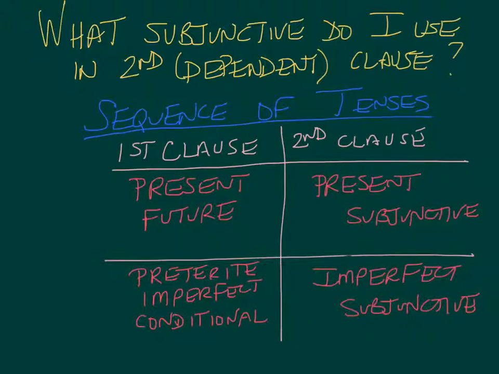If the verb that's in the first clause is either the present tense or the future tense, then you will use the present subjunctive. If in the first clause the verb is in the preterite, the imperfect, or the conditional, then you will use the imperfect or the past subjunctive. Again, if the first clause is in the present or the future, use the present subjunctive, and if it's in the preterite, imperfect, or conditional, then you're going to use the imperfect subjunctive. This is called the sequence of tenses.